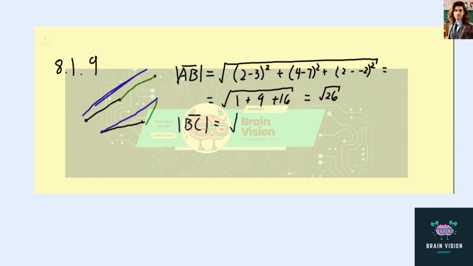So that would be 3 minus 1 squared plus 7 minus 3 squared, and then negative 2 minus 3 squared.